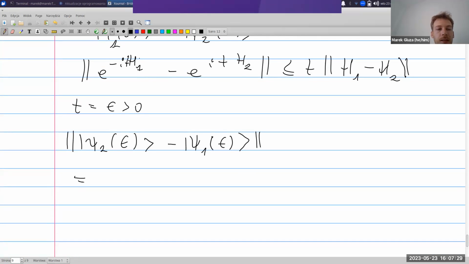So this is actually equal to psi2 of 0 minus psi1 of 0, and then I have plus some term, where here we actually put the epsilon.